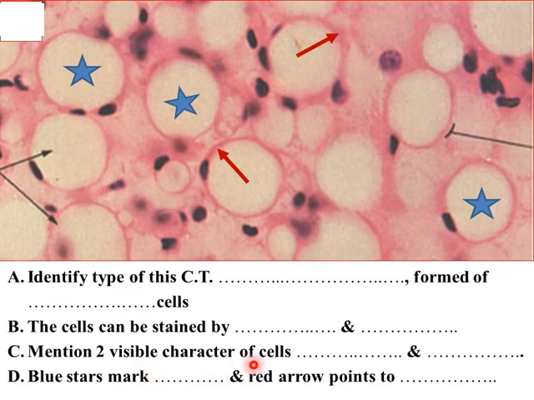Two visible characters of the cell: large, oval. The nucleus is flat and the cytoplasm is a rim surrounding an unstained area of dissolved fat. The blue star marks the dissolved fat, and the red arrow points to the cell membrane.